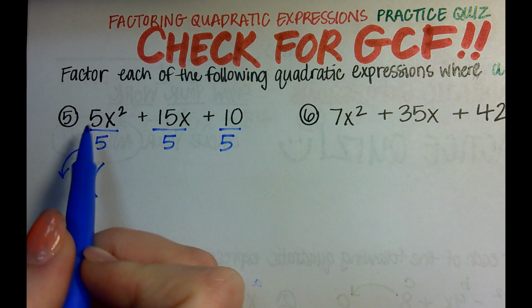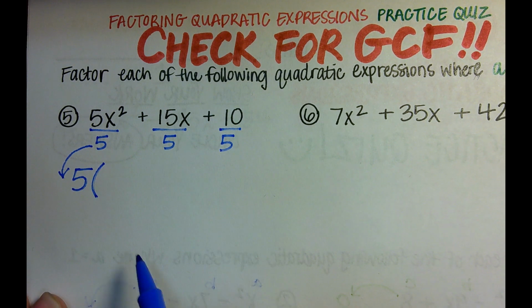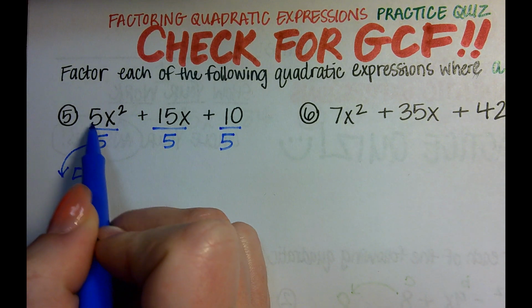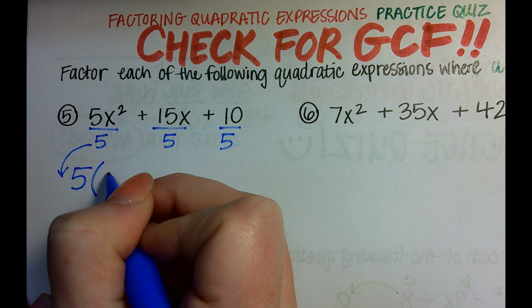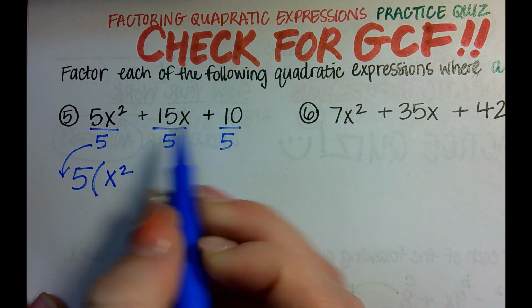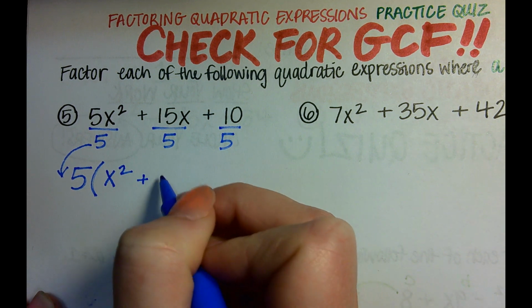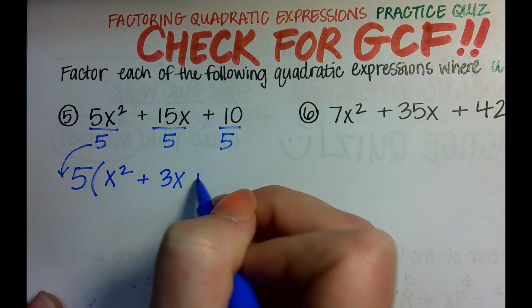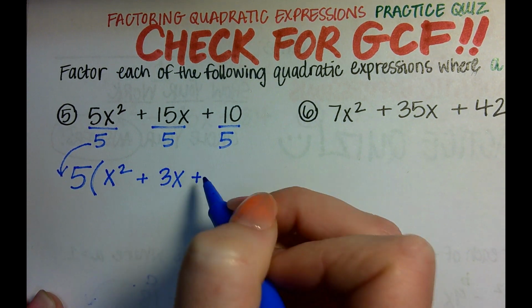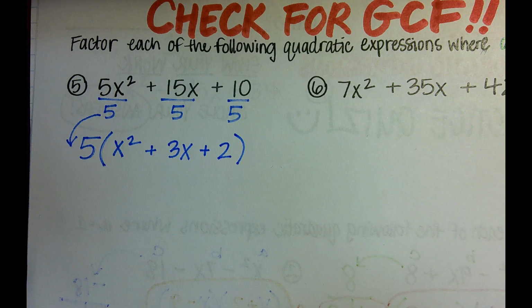And now we need to write our new reduced terms in the parentheses that we're creating. So our first term, 5x squared divided by 5, what does that become? X squared plus 15x divided by 5. 3x, good. Plus 10 divided by 5. 2. Awesome. Okay.